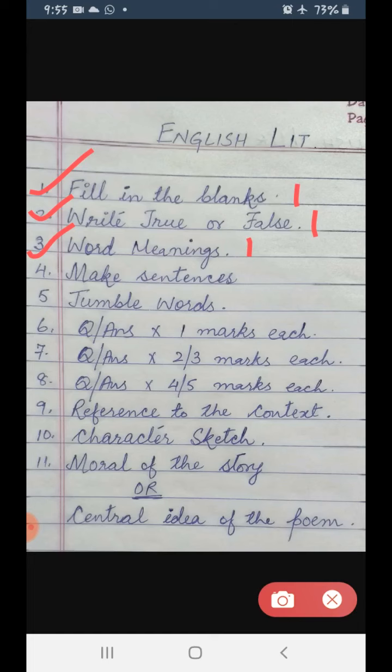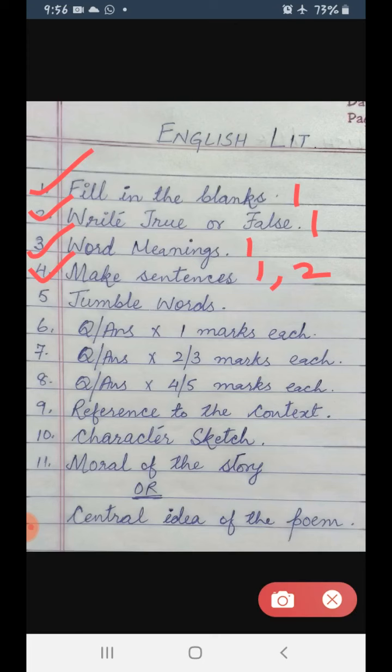And then after that you will get make sentences. Make sentences won't come from your book or your notebook; it will come from the middle of the chapter. I can give any word and you have to make sentences out of those. It can be either 1 mark or 2 marks.